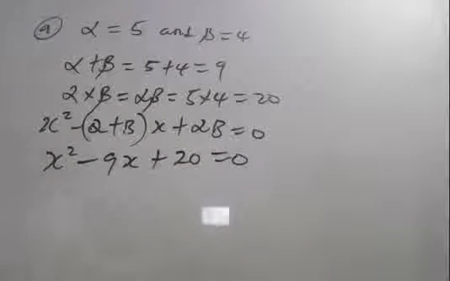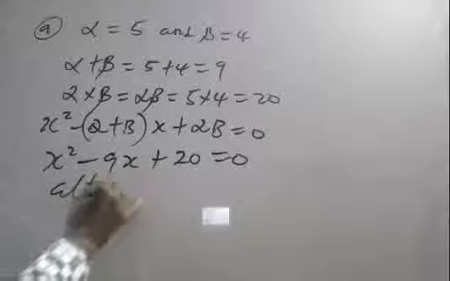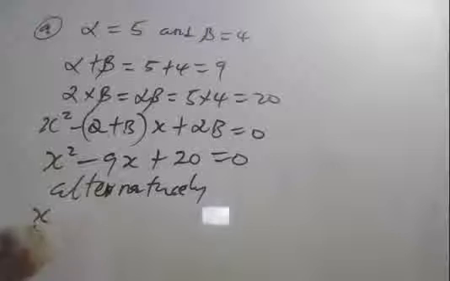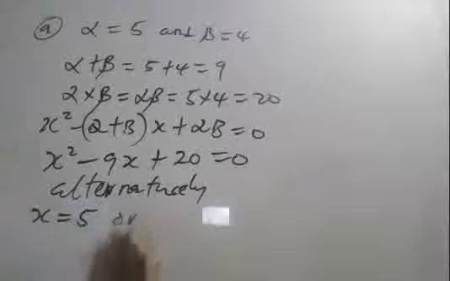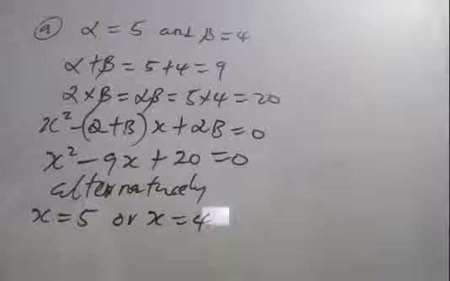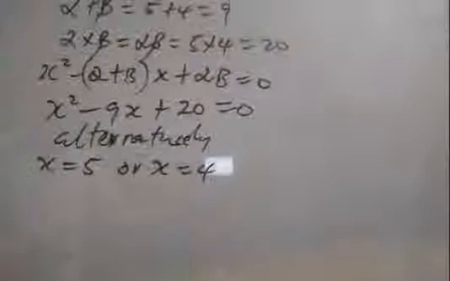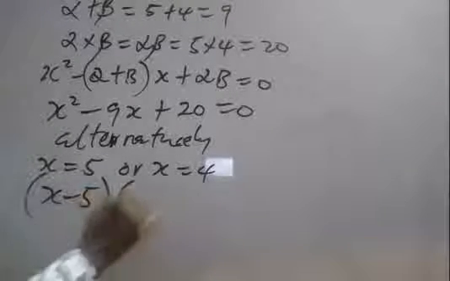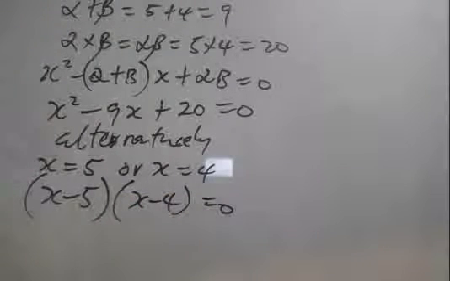But alternatively, you can also solve the equation back. That is what I mean. Alternatively, you can say one of the roots is x equals 5 or x equals 4. You remember, this is the final thing we got when we factorize a quadratic equation. So if we solve it back, we are going to have (x minus 5)(x minus 4) equals 0.